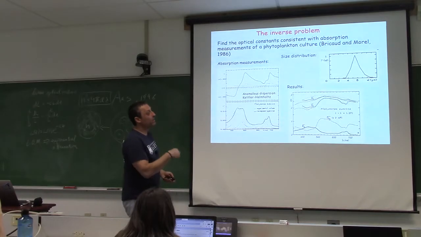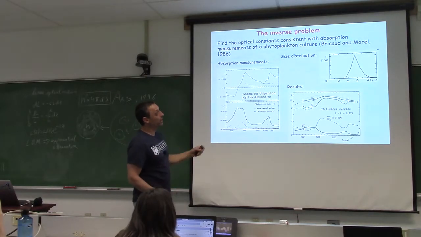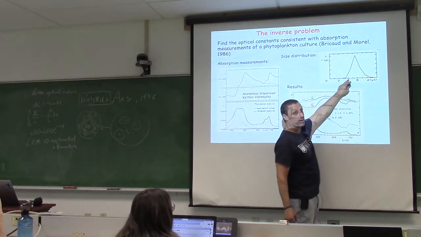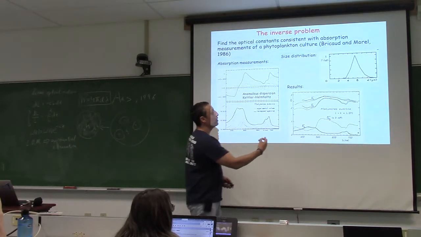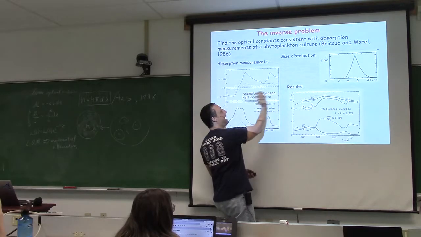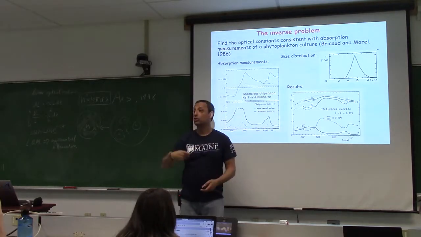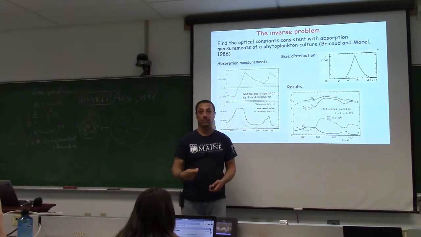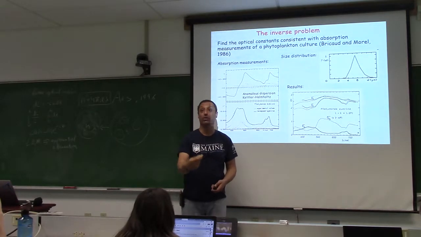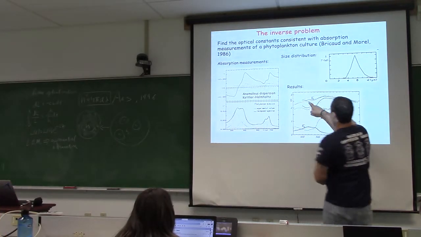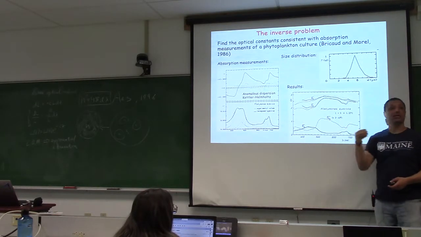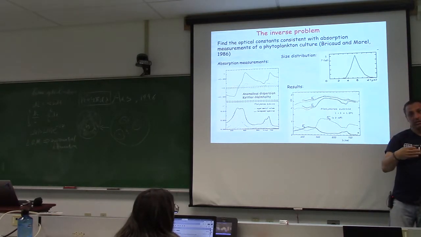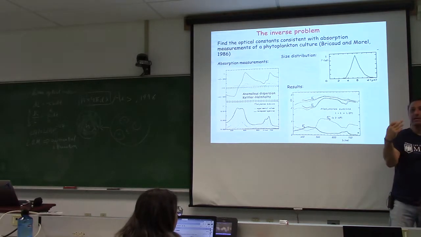So basically what they've done is, for a known size distribution and known concentration of cells, they were able to back out what the optical properties of the cultures were. What's the real index of refraction, what's the imaginary, and this is the efficiency factor, so it's the beam attenuation cross-section. Again, it's the beam attenuation of one particle divided by the geometric cross-section.